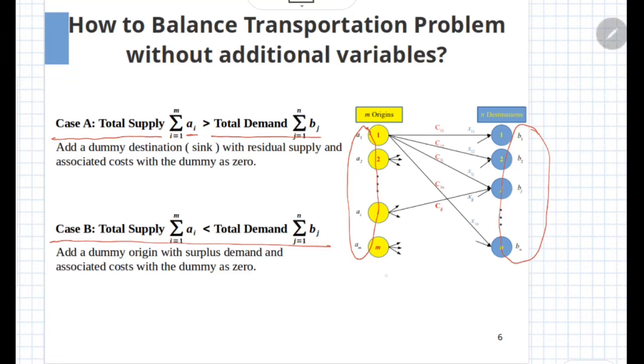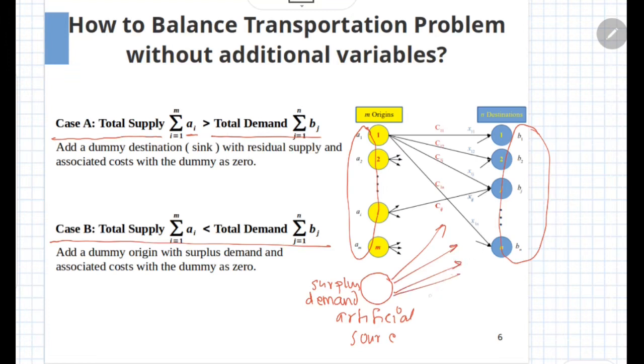We are going to add one artificial or dummy source and attribute the surplus demand to this dummy source, and the cost of transporting from this dummy origin to the different destinations is considered as 0.